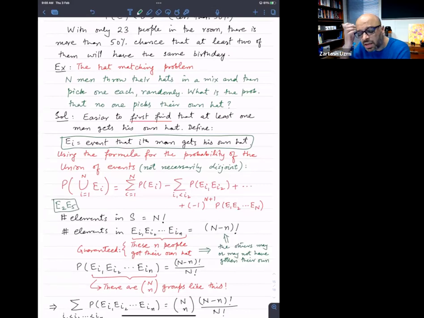This event is that the second guy got his own hat and the fifth guy also got his own hat. I don't know about the other, but I do know that the second person and the fifth person, they both got their own hat. इससे एग्री करते हैं? Yes sir. इस बात से एग्री करते हैं कि E2 E5 का क्या मतलब है कि दूसरे को अपना हैट मिल गया और पांचवें को अपना हैट मिल गया, बाकियों का हमें नहीं पता.